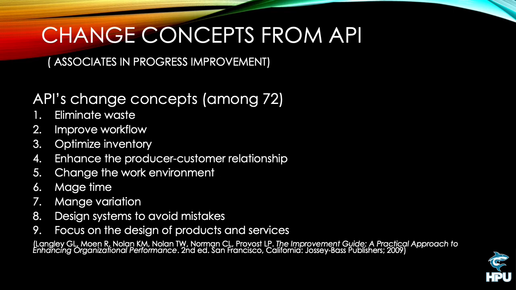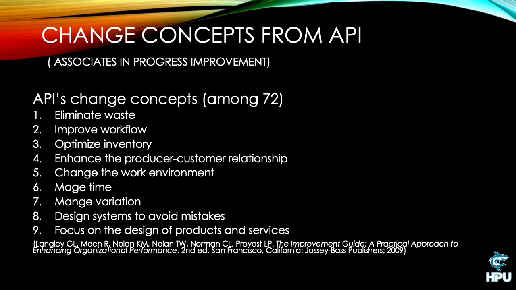There are 72 of them. However, here the concepts are broken down into the following nine categories. Number 1, eliminate waste, which is to eliminate things that are not used. Improve workflow: find and remove the bottlenecks. Optimize inventory: match inventory to predicted demand. Enhance the producer-customer relationship: focus on the outcomes to the customer. Change the work environment: take care of basics.